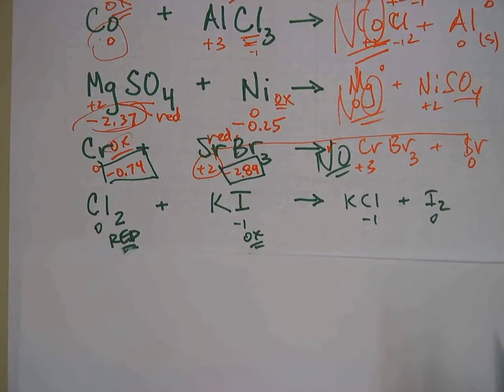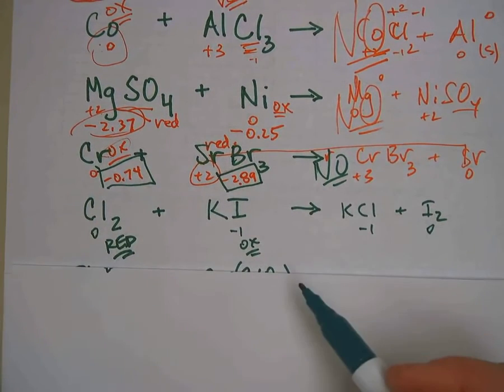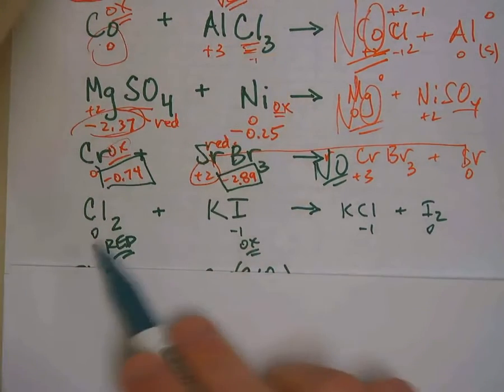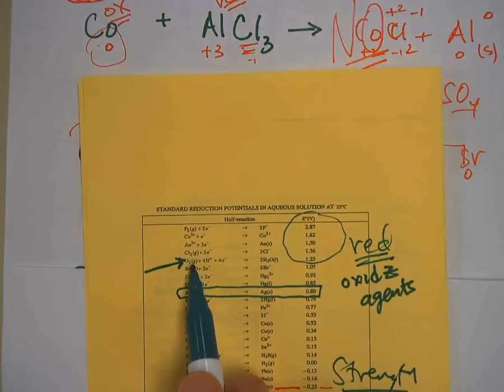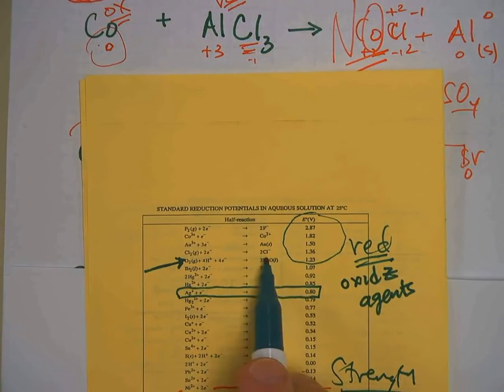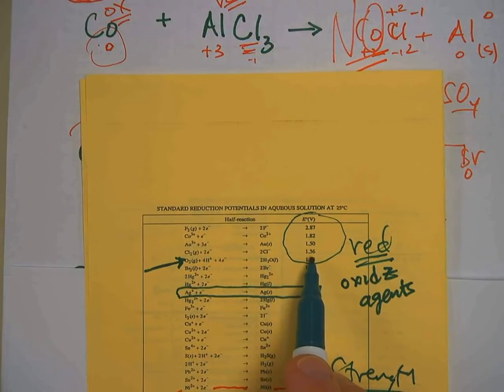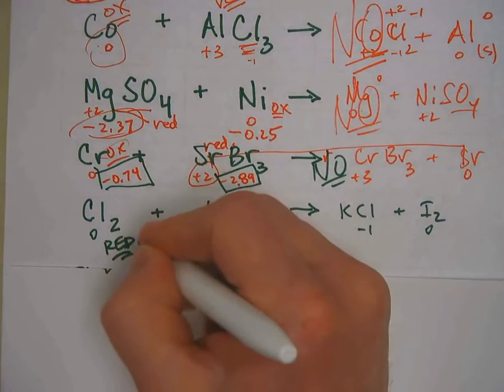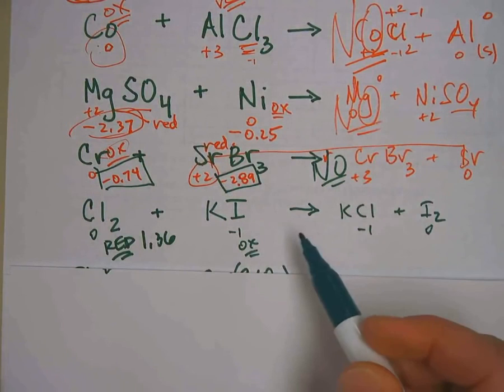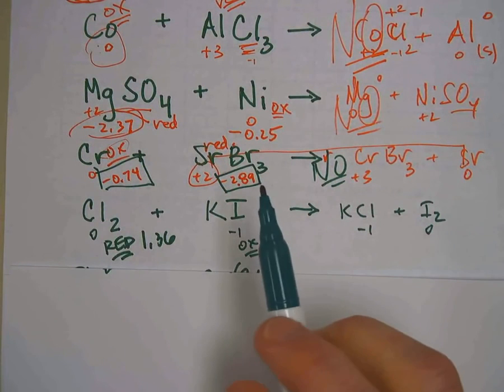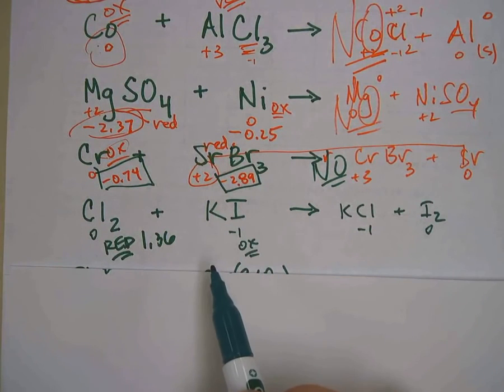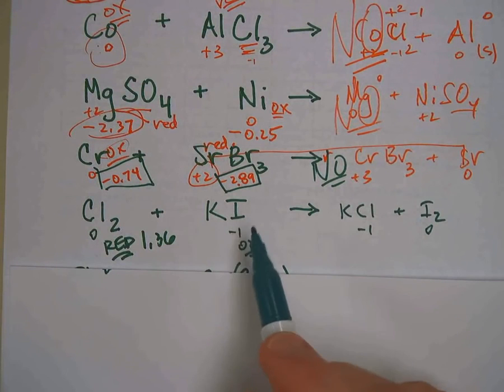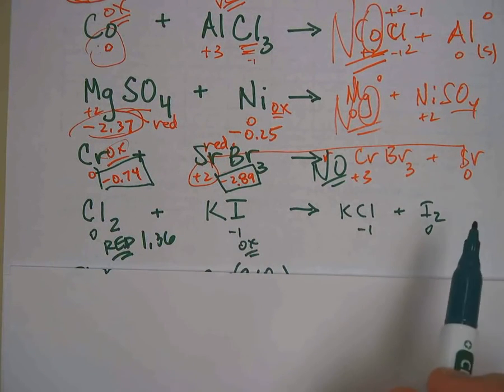Now, are the standard reduction potentials for these on there? Sure. Chlorine going from 0 to -1, right here at the top. Chlorine, 1.36, right up here. 1.36, okay? And iodine right here, going from -1 to 0.